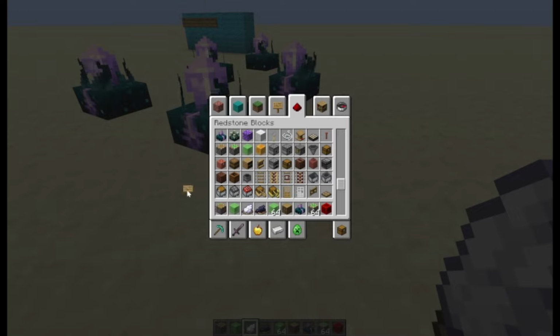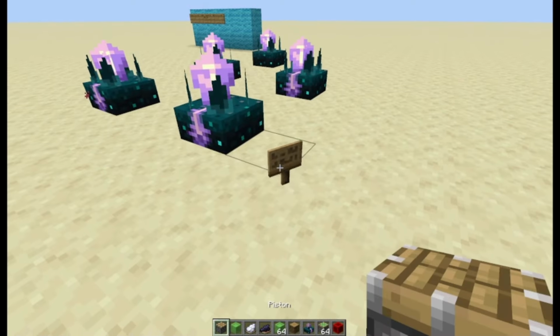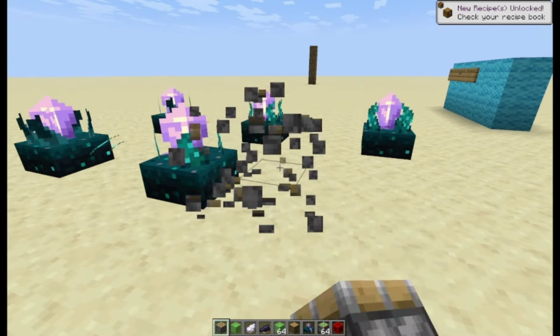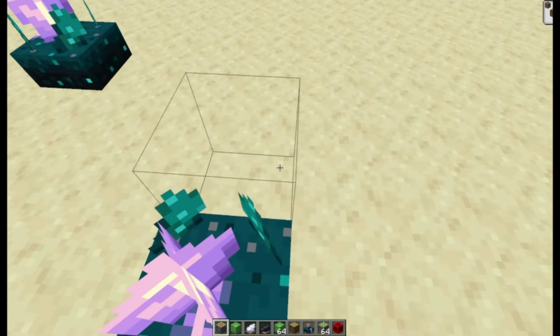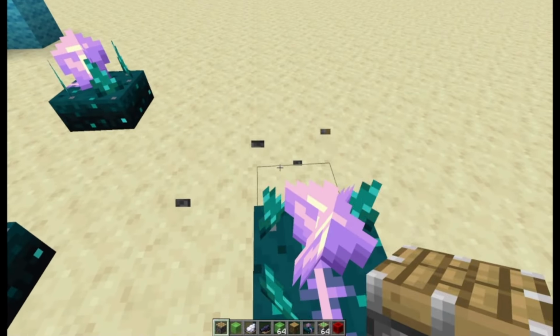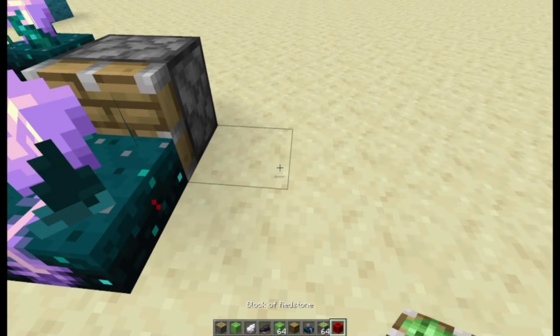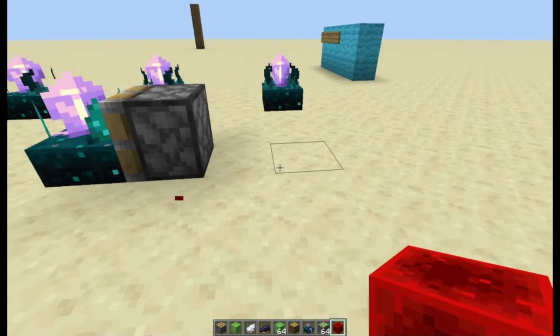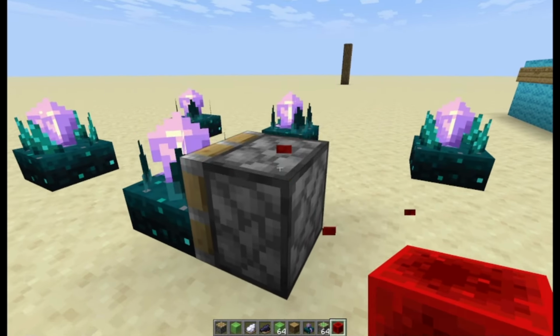So if I take a piston and I power it, the first question I have is, can I even move these Sculk sensors? Maybe I can't. Maybe that's already something that I can't do.